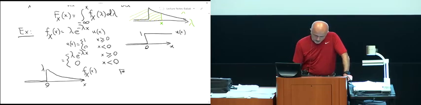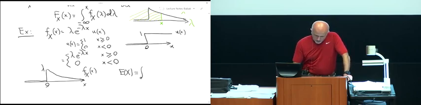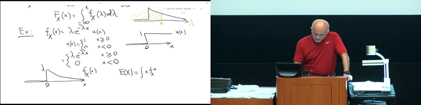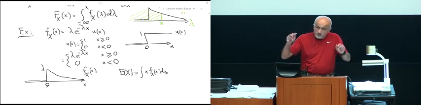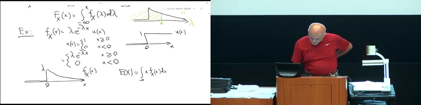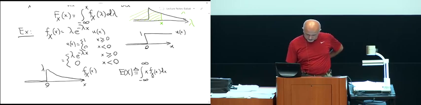Now what I want to ask you is to figure out what the mean is of this random variable. The mean, just like the discrete case, is a weighted sum of probabilities, except our quote-unquote, air quotes, sum is an integral. So this is the definition of the expected value for a continuous random variable.